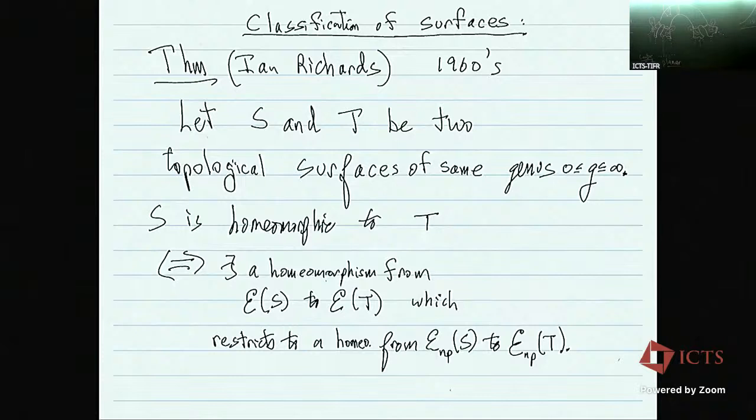What this is going to say, before you read it, is that the genus, the space of non-planar ends, and the space of ends completely classify the surface. So I'll let you read for a second, then I'll talk it through.